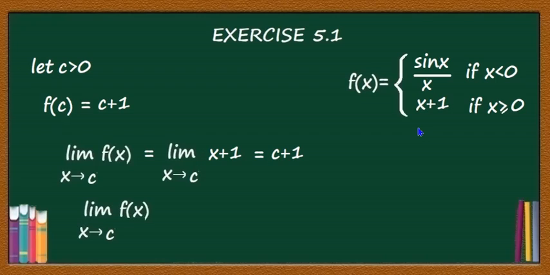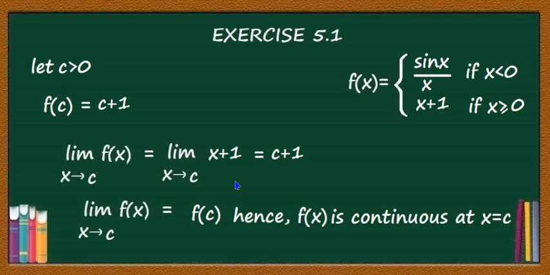Both of them are c plus 1 here. Limit x tending to c of f of x equals f of c. Therefore f of x is continuous at x equal to c. When c is greater than 0 or less than 0, the function is continuous.